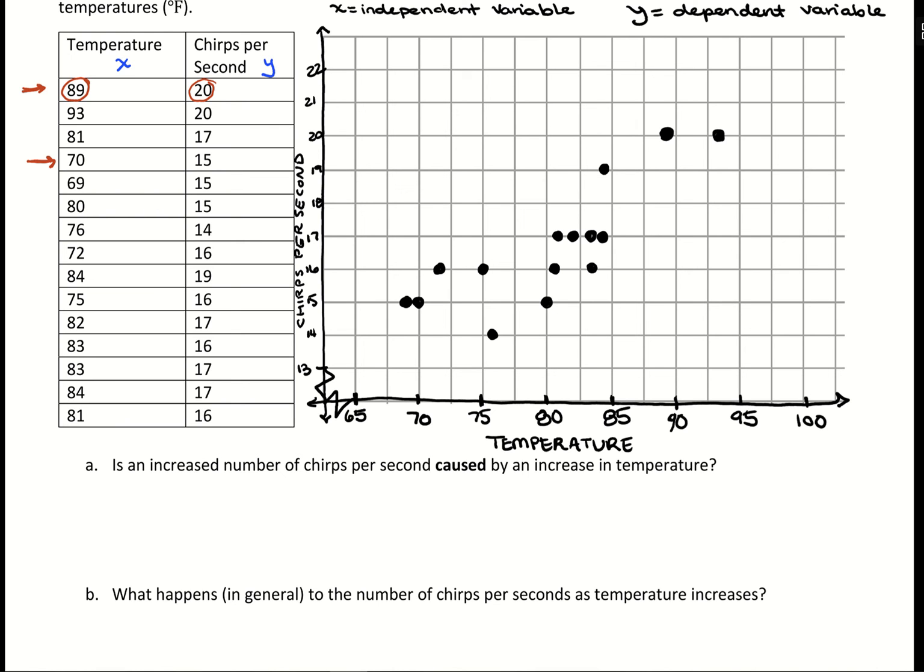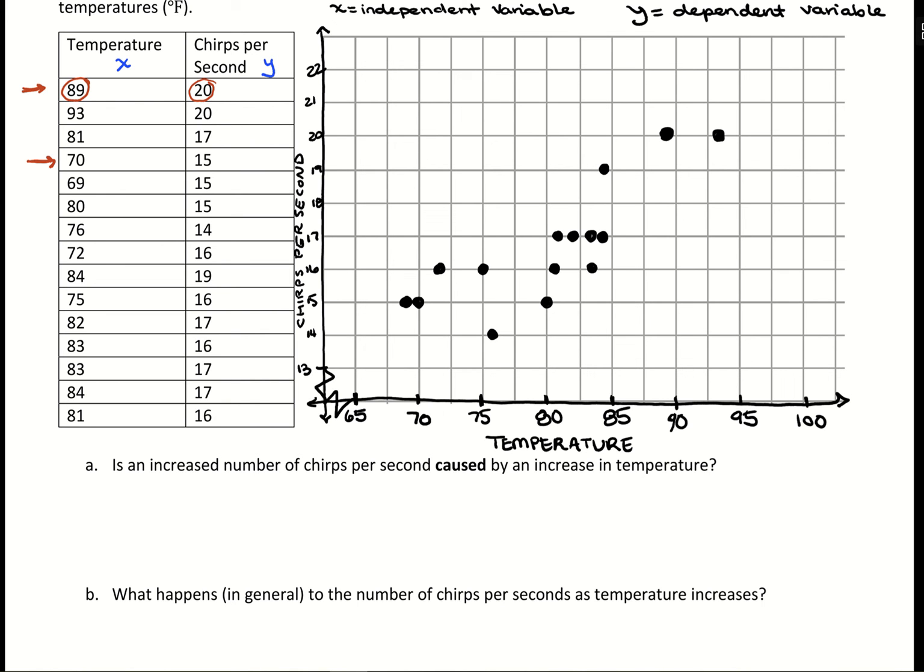So what we see in our graph is this general trend of, as temperature is increasing, overall the chirps per second is increasing too, kind of seeing this trend that's this positive, it comes down to a positive slope. So as we increase x, y is also increasing in general.